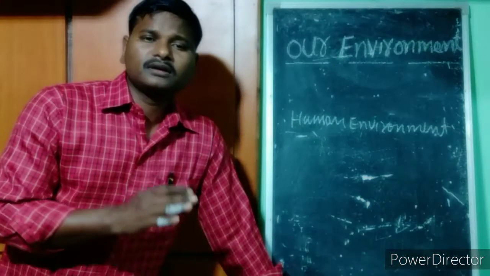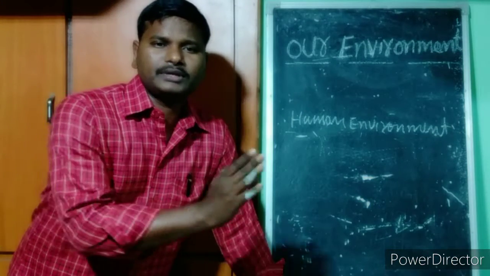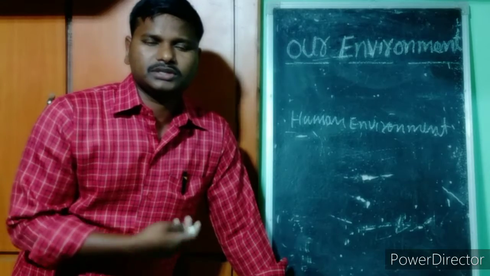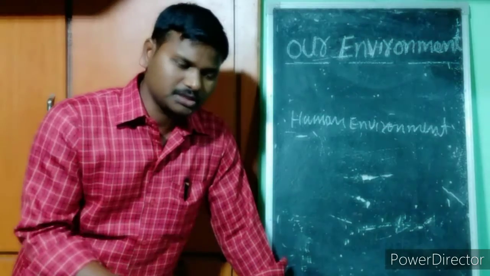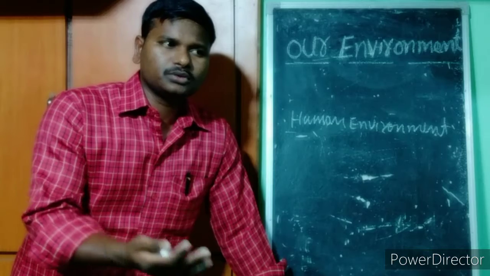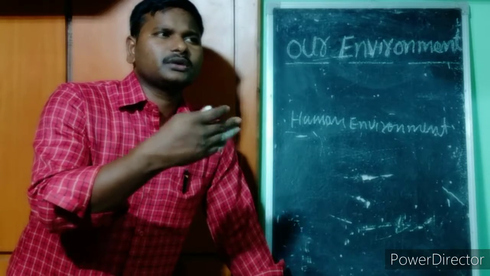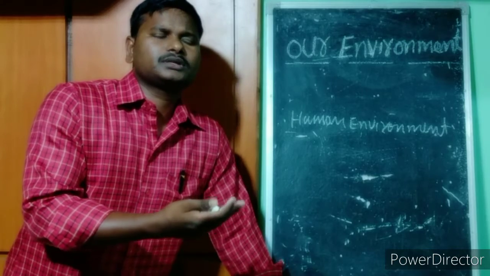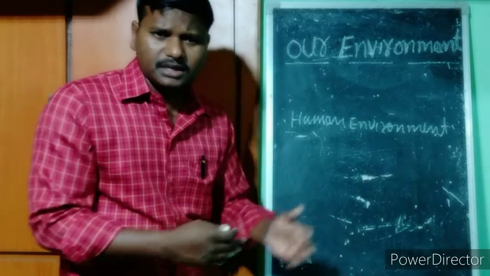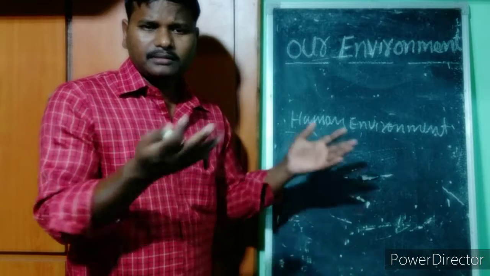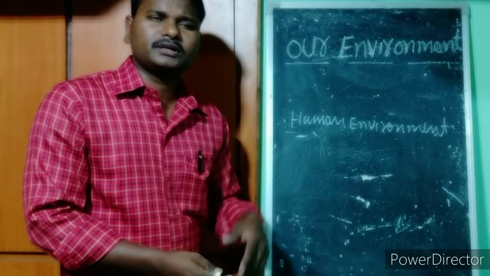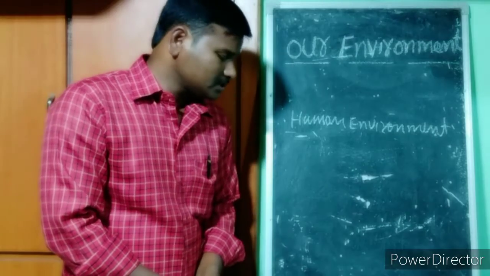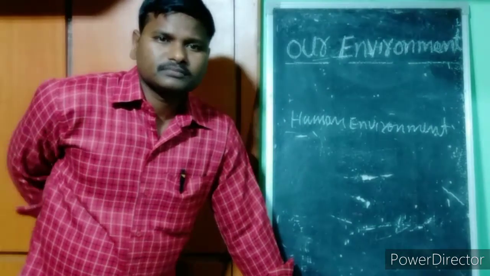In this way huge damage happened to the environment. Due to urbanization and huge population, they constructed more and more buildings, and many industries evolved. Every day much smoke comes out, and it is polluting the environment.